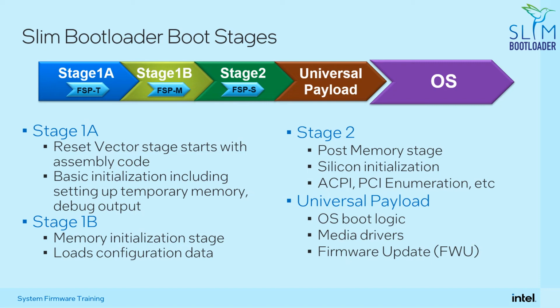Slim Boot takes a linear staged boot approach to initialize the platform. Shown here are the different stages for the different levels of the boot flow: Stage 1A, 1B, and Stage 2. As shown also in the diagram, in each stage, Slim Boot uses the Intel FSP APIs to initialize the silicon and utilizes static library interfaces to initialize the board.